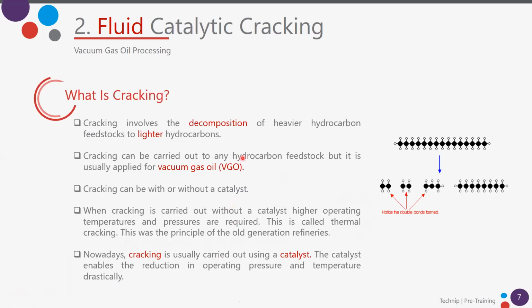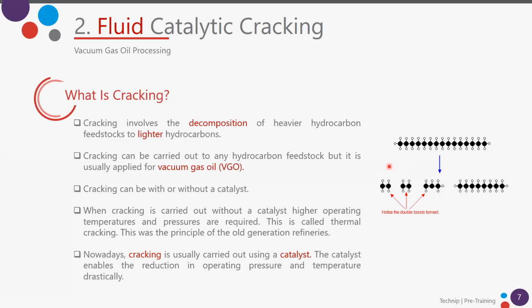so as we can see, cracking means the decomposition of the heavy hydrocarbon into lighter hydrocarbons. Okay, as we don't have any hydrogen, we will have these double bonds formed during the reaction. The reaction can be with or without catalyst.